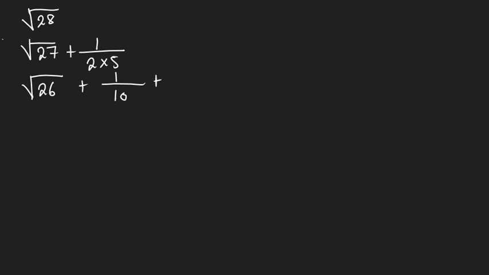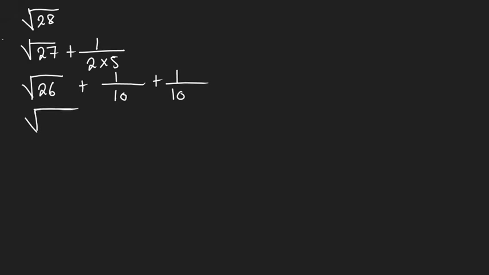So you bring down the square root, you say square root of 27, then you say plus 1 over 2 multiplied by 5. Every time you reduce the square root, you do what I've done there. So even this, if you bring it to 26, you say 1 over 10 plus another 1 over 10.